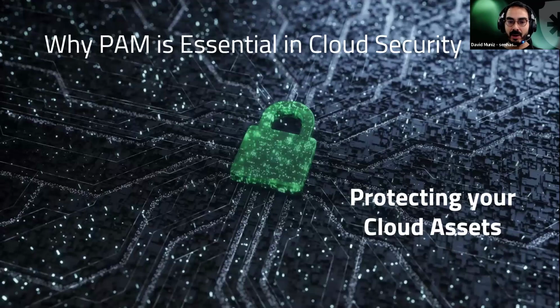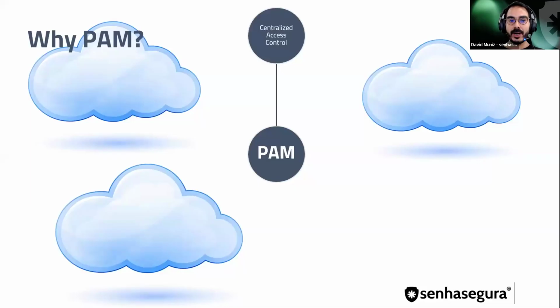So when we talk about PAM, what are the features that PAM offers to protect cloud environments? First, we have centralized access control. A PAM solution provides centralized management of privileged accounts to ensure that only the right people have the right access to perform the right actions on cloud-based resources and infrastructure.